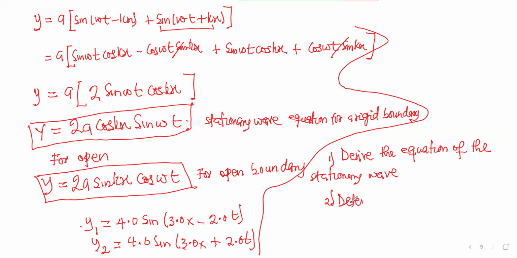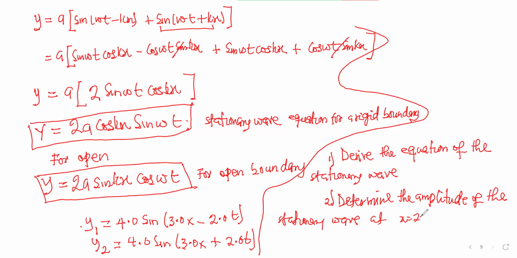Determine the amplitude of the stationary wave at x is equal to 2.3 centimeter. Okay, so time isn't on our side, so let's quickly do it together.